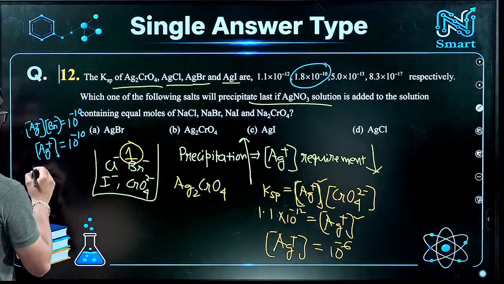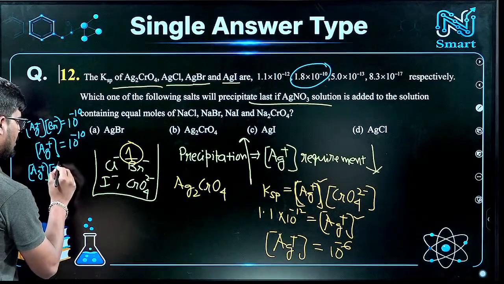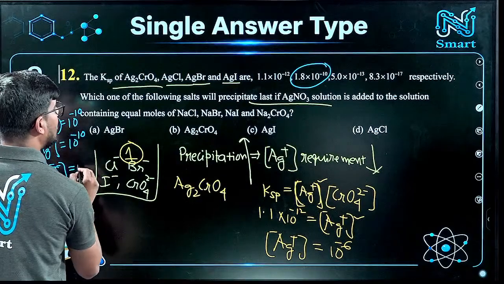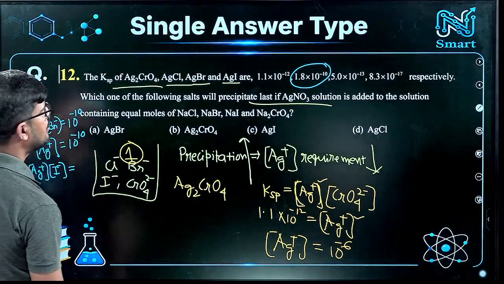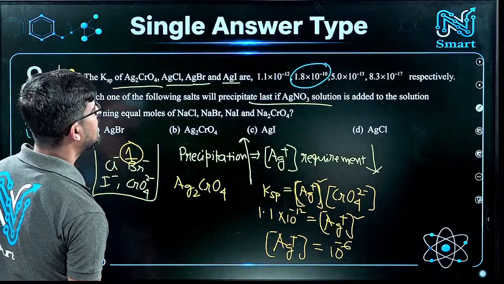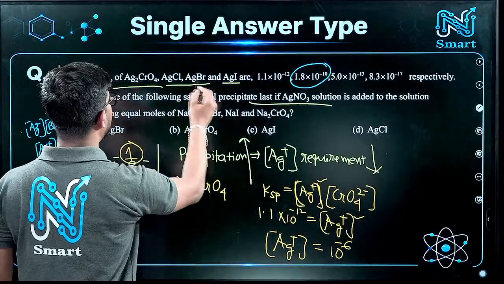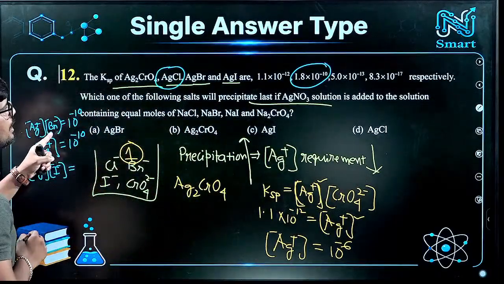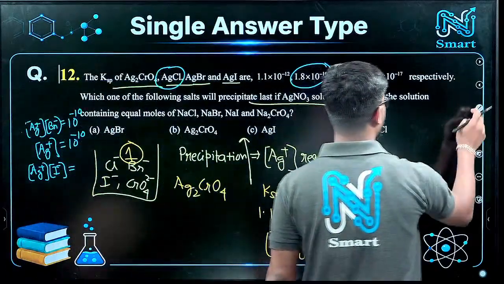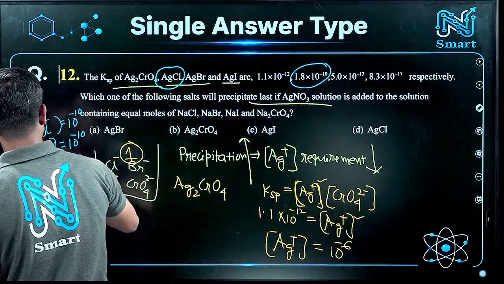Next AgI, Ag plus into I minus, what is the order? 10 to the minus 13. Sorry, the 10 to the minus 10 is for AgCl.